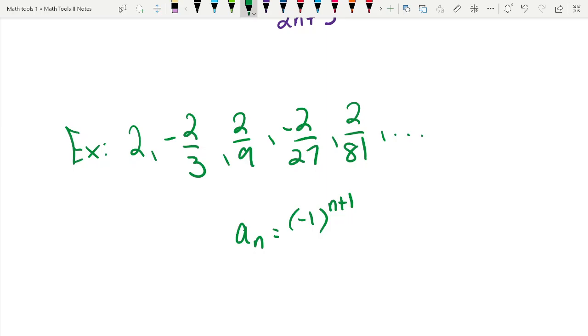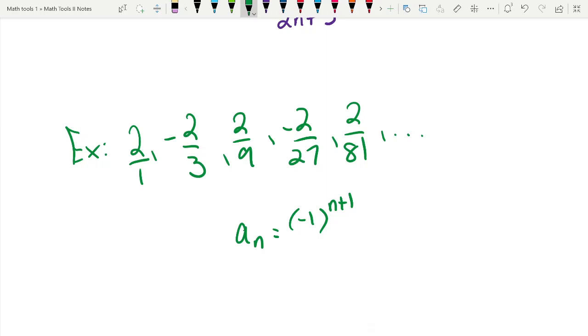Then we see that on the bottom, so if we put a 1 on the bottom of this one, just for consistency's sake, we see that the bottom consists of powers of 3. Now, 1 still fits into that pattern because that could be 3 to the 0, right?